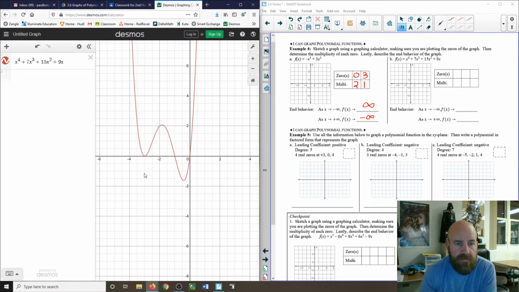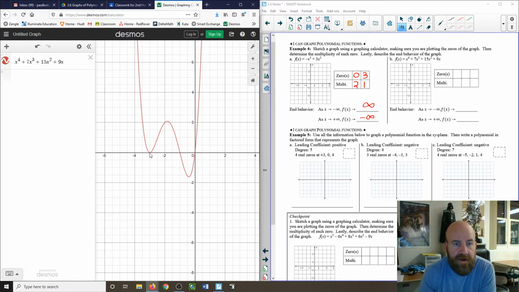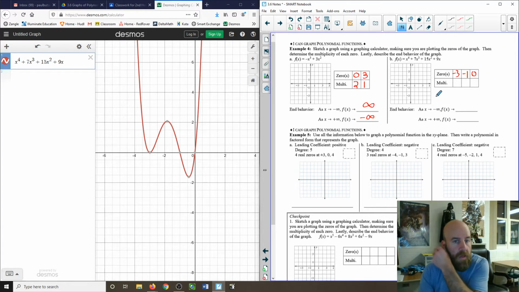So if we come in here, we have a 0 at negative 3. We have a 0 at negative 1, and at 0. At negative 3 we're bouncing, so that is multiplicity of 2. At negative 1 we are passing through, so that is multiplicity of 1.